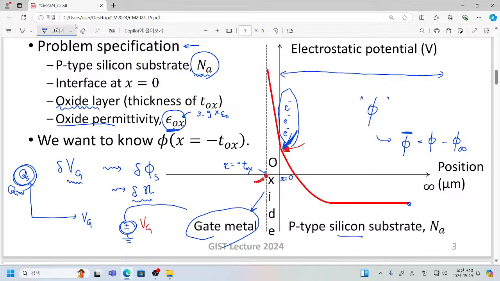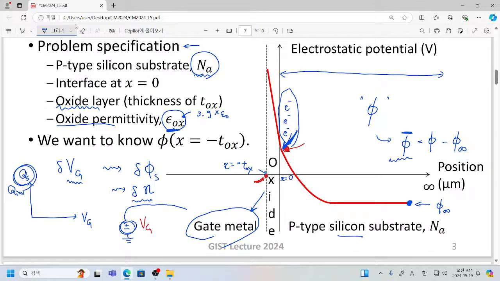The position far away from our interface is taken as phi infinity, and referenced to this value we calculate this phi bar.